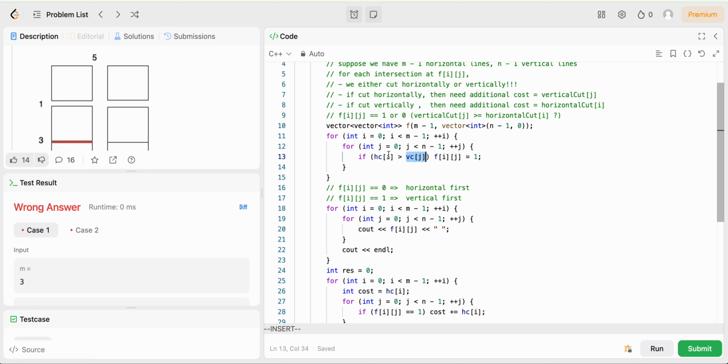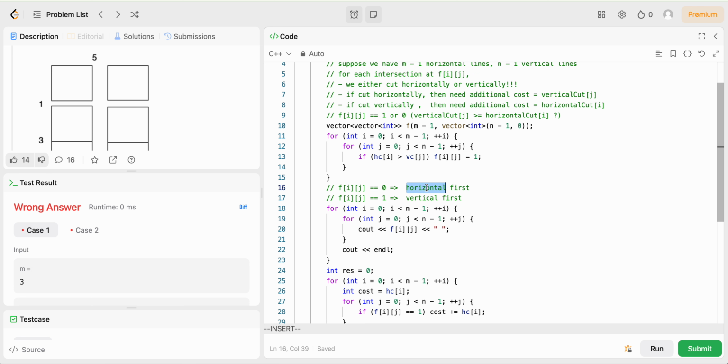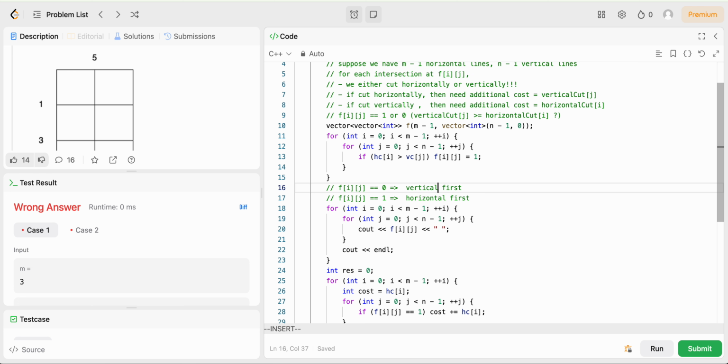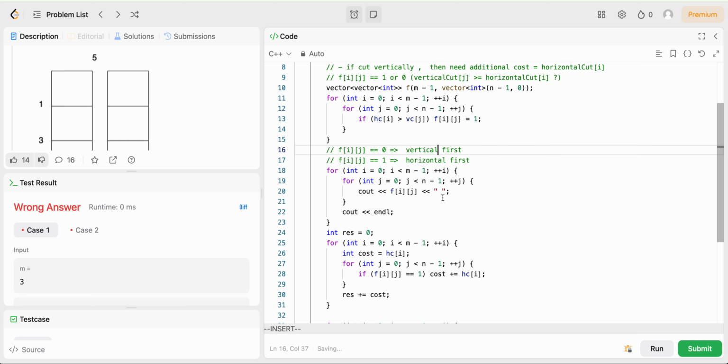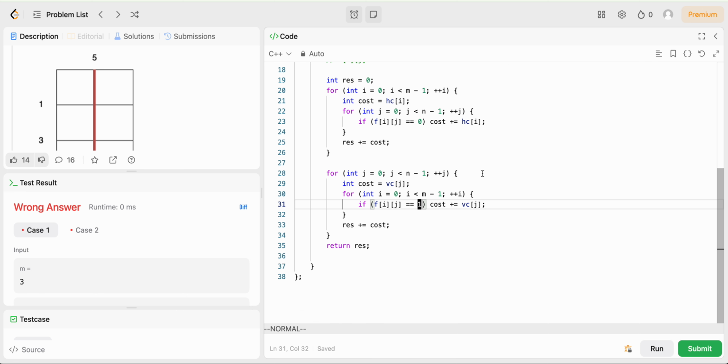Then Fij equals 1 means HC is greater than VC, so that we need to do the horizontal line first, right? These two are flipped. This is vertical first, okay? And I think this way this will work. So this is 0 and this is 1, right?